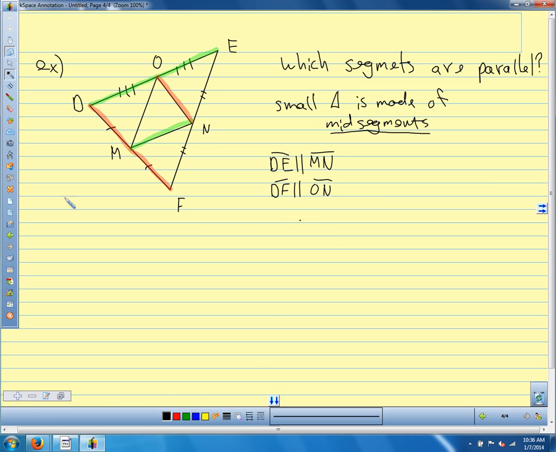And finally, let's do this one in purple. And I'll write over here. Which segment is parallel to segment MO? FE.